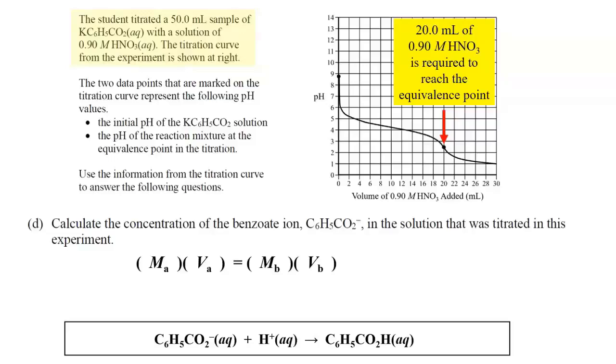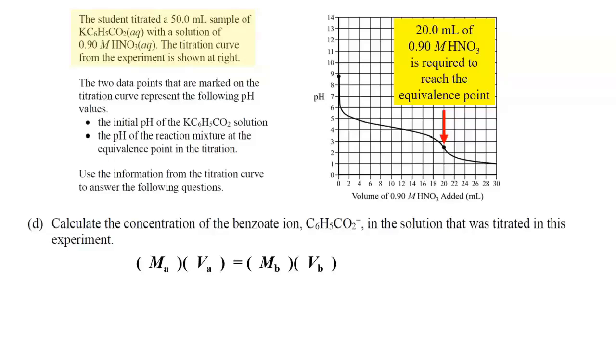So when there is a 1-to-1 mole ratio between the acid and the base, as we have in this example, then the molarity of the acid times the volume of the acid is equal to the molarity of the base times the volume of the base. Again, this only works when you have a 1-to-1 mole ratio between your acid and your base. So the molarity of the acid we already know is 0.90. The volume of the acid that was required to reach the equivalence point was 20 milliliters as determined from the titration curve.